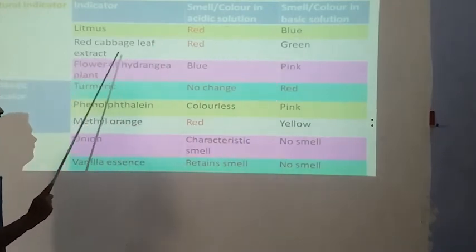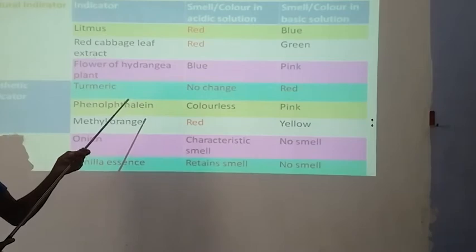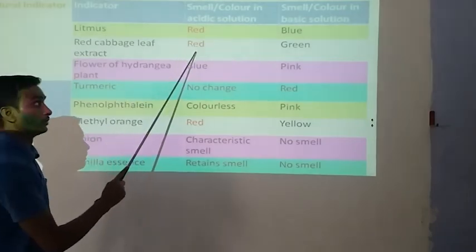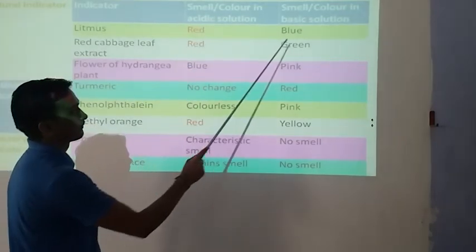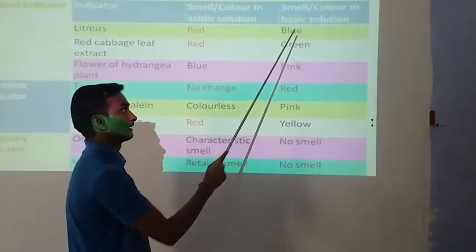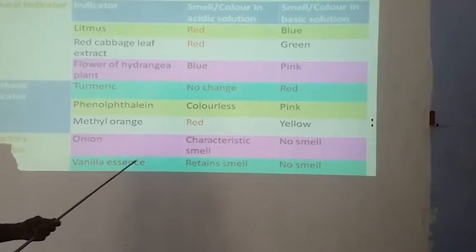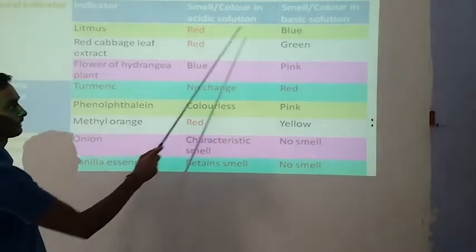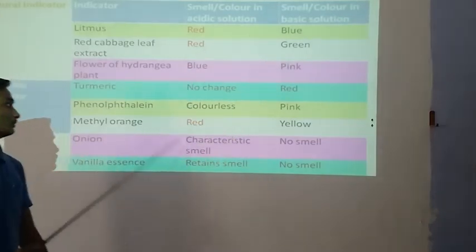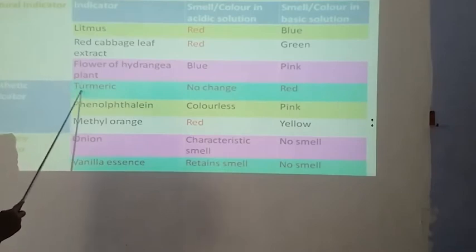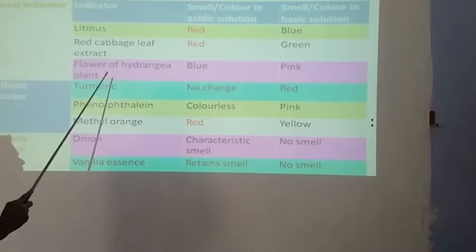Another one is red cabbage leaf extract. Red cabbage leaf extract shows red color in acidic solution while green color in basic solution. Another one is the flower of hydrangea, which is blue in acidic solution and pink in basic solution. Turmeric is also a natural indicator.